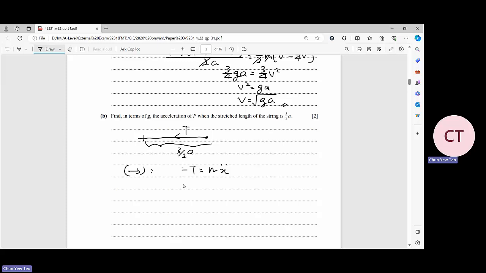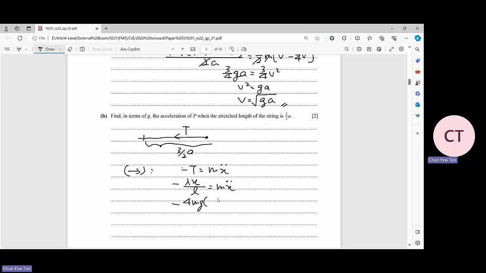Okay, so this one is the negative T. My T will be the Hooke's law. Just apply the Hooke's law. It will be negative lambda x over the L is equal to the m x double prime, the acceleration. So my lambda is 4 mg.